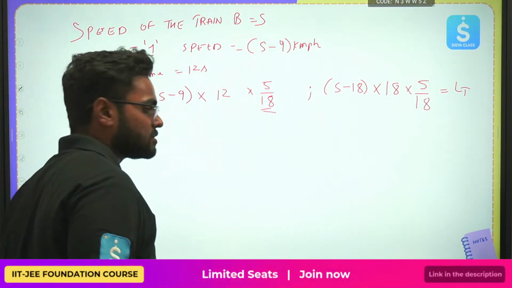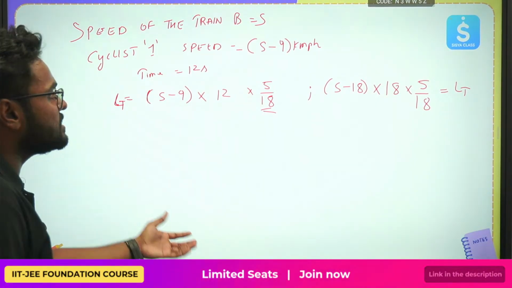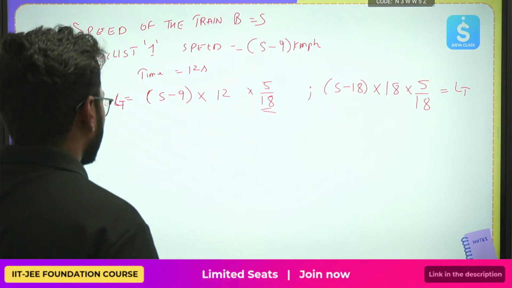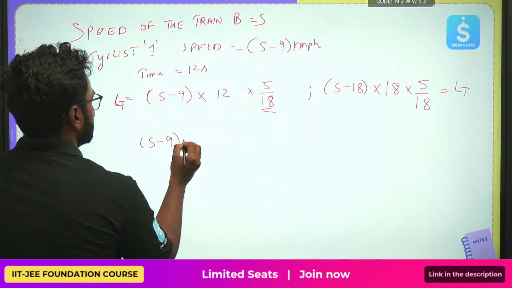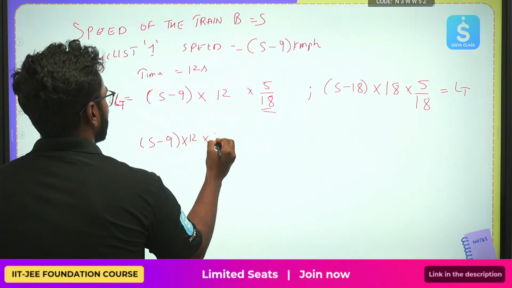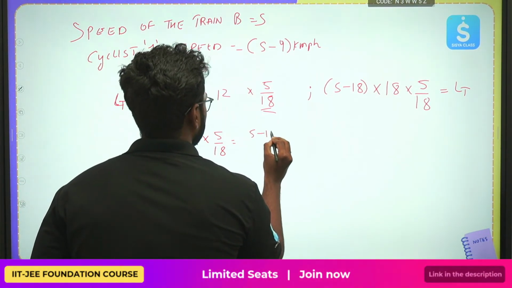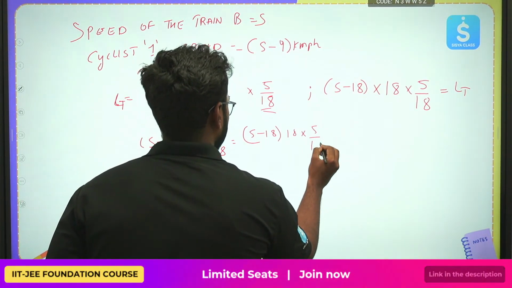This is also the length of the train. If you see, in both the cases the length of the train would be equal. I can equate both of these. So s minus 9 into 12 into 5 upon 18 is equal to s minus 18 into 18 into 5 upon 18.